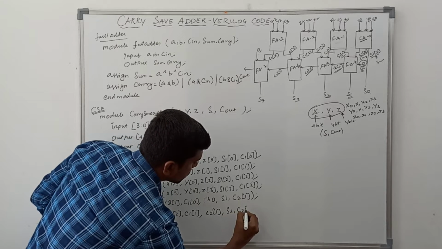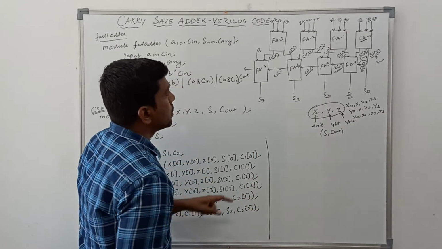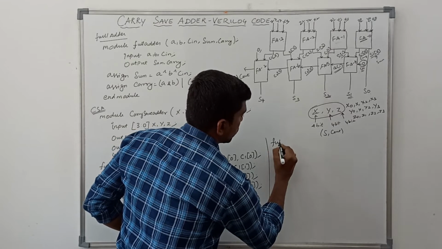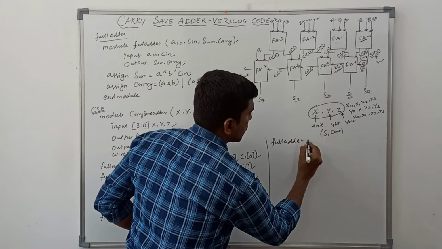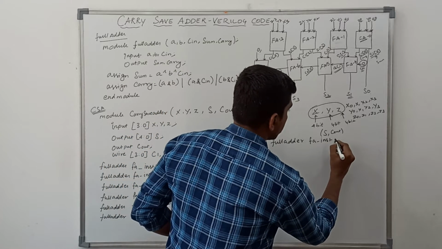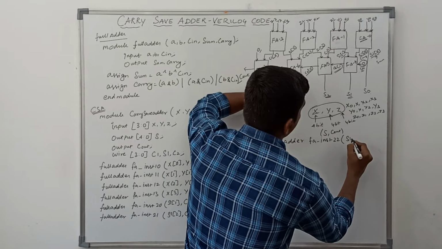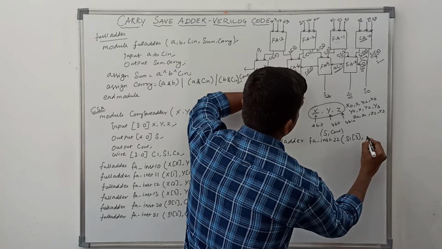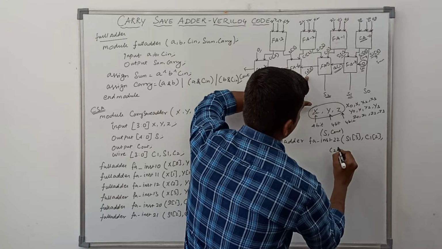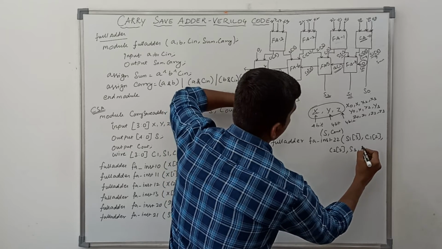S2 comma C2 of 2. Then full adder 6, FA instantiation 2 2. Here input is S1 of 3 comma C1 of 2 comma C2 of 2, output is S3 comma C2 of 3.